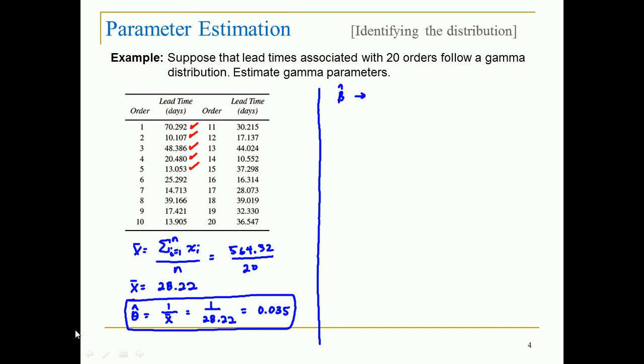So for beta hat, use table A9 from the textbook.